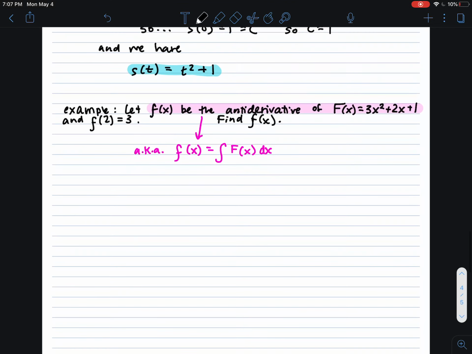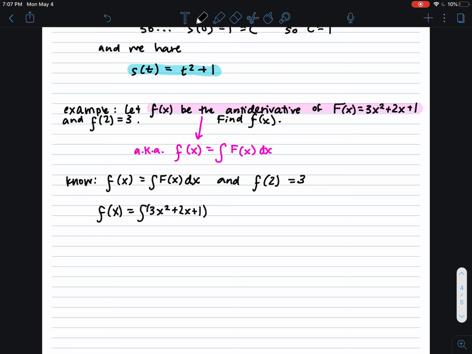So what we know, like above, is that little f of x is equal to the integral of big F of x dx, and that little f of 2 is equal to 3. Okay, so we're going to first take the integral. So little f of x is equal to the integral of big F of x, which is the integral of 3x squared plus 2x plus 1 with respect to x.